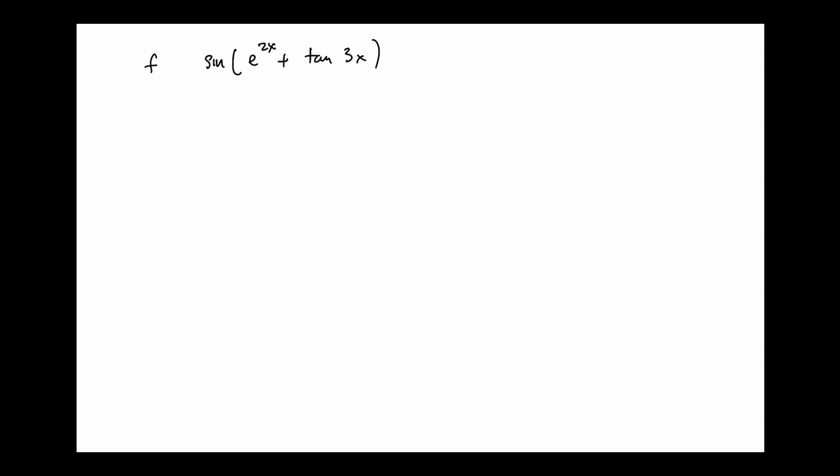Let me call this f of x. What's the derivative of sine of something? Cosine of the something times the derivative of the something. Okay, so I'm going to write it this way.